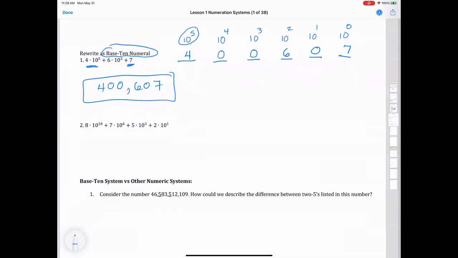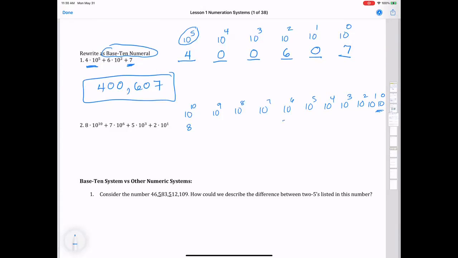Okay, so what's the highest power here? The highest power here is 10 to the 10th. So now we have 10 to the 9, 10 to the 8, 10 to the 7, 10 to the 6, 10 to the 5, 10 to the 4, 10 to the 3, 10 to the 2, 10 to the 1, 10 to the 0. Remember, you're ending up with the units, the 10 to the 0. So we have 8 here.